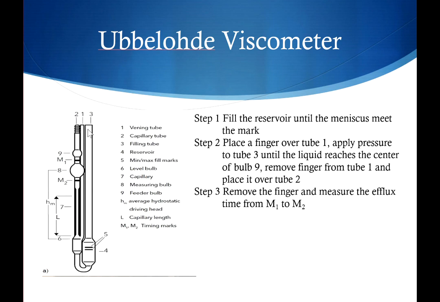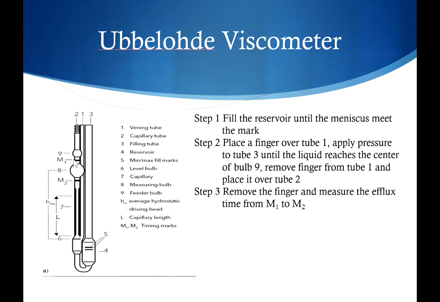So when we blow air from tube 3 and put our finger on tube 1, water will start going up until it reaches bulb 9. Then we remove the finger from tube 1 and place it on tube 2. After placing our finger on tube 2, we will have tube 2 filled with water.